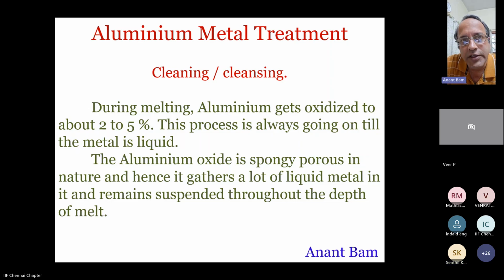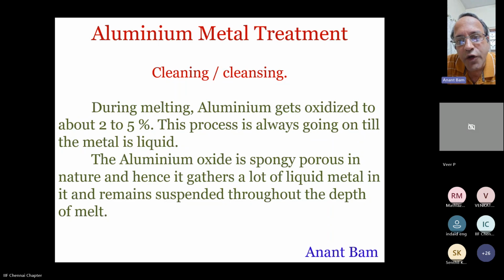With copper alloys, it is 8.5. With iron, it is 7.8. Whereas the density of the oxide of those elements is very low. Iron oxide density is to the tune of 3.2, and copper oxide density is to the tune of 4.5. So there is a vast density difference between the oxide of that metal and the metal itself.